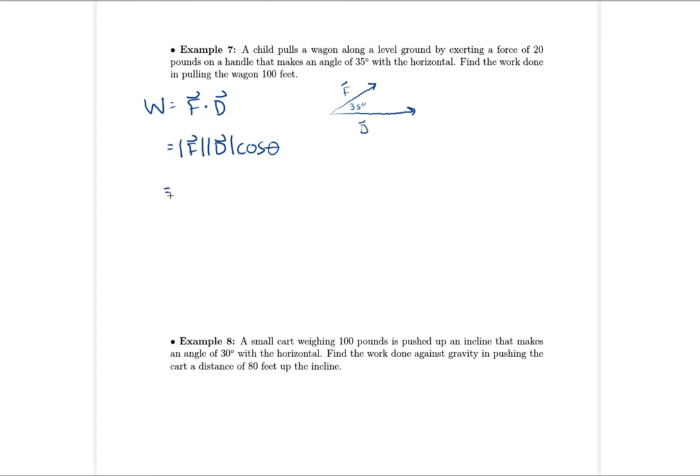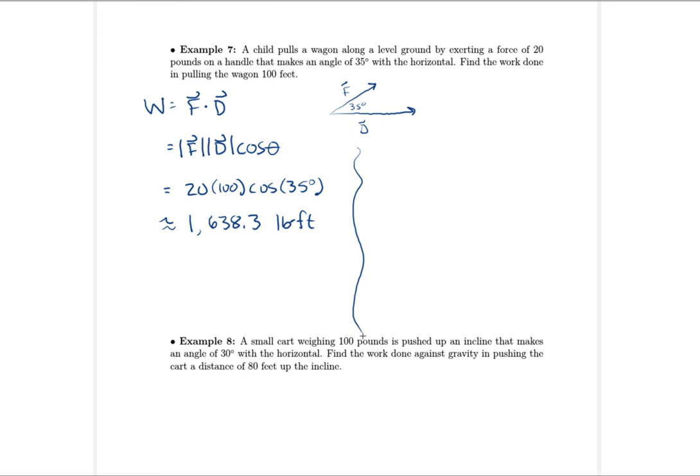And I know all of those things. The child is exerting a force of 20 pounds, and the distance is 100 feet. And we can take the cosine of 35 degrees. So that's 1,638.3 pound-feet of work that the child has done.